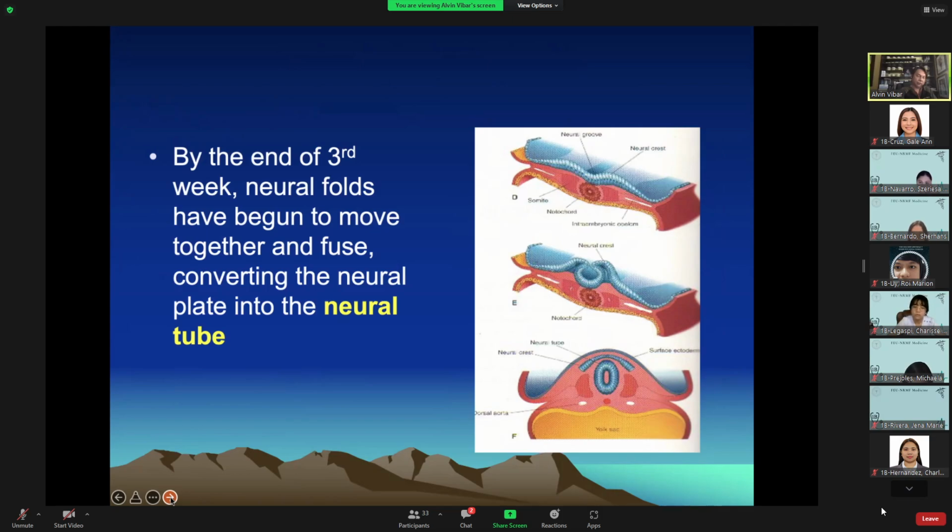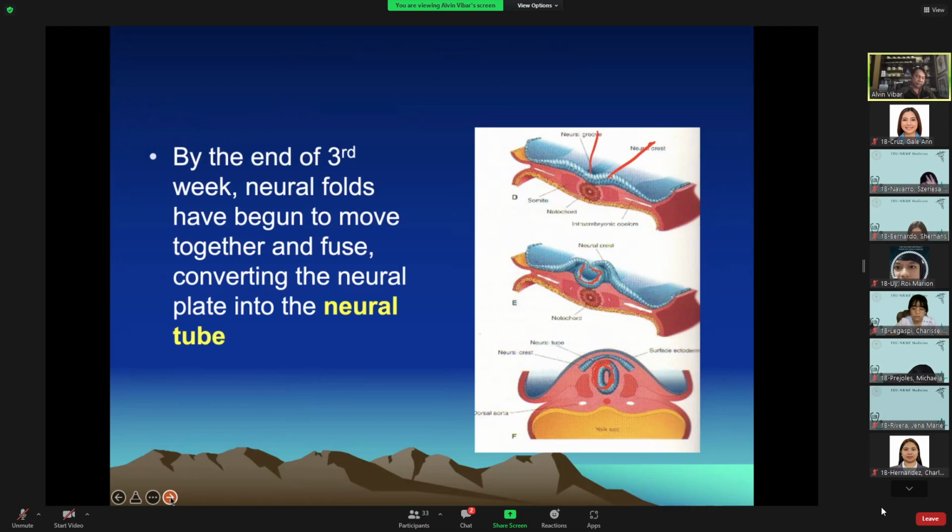Neural folds on the sides, neural groove at the center. And look what will happen. The neural folds will start to move and fuse together. The movement of the neural folds, the fusion, will convert the neural plate into a neural tube.